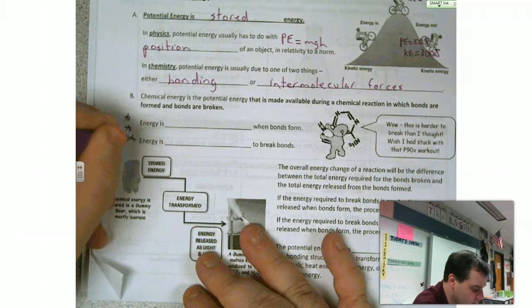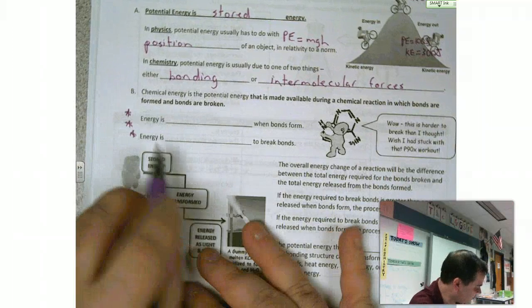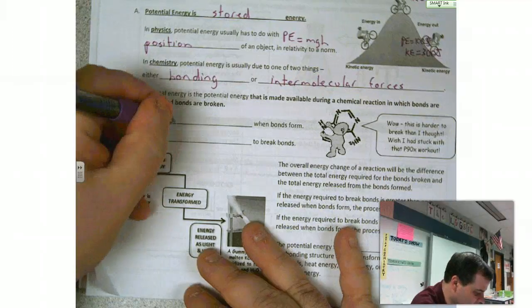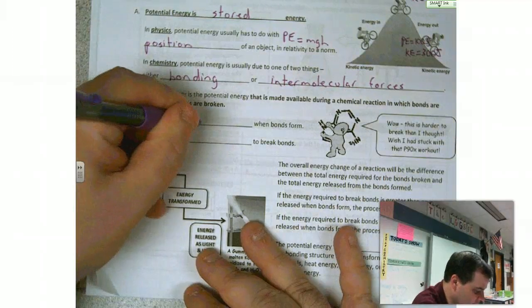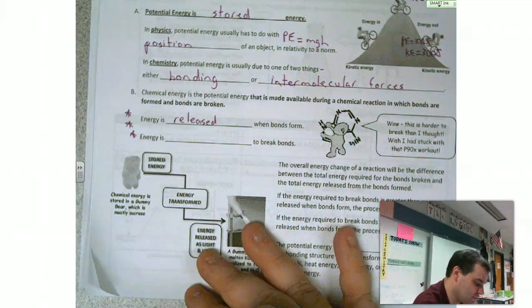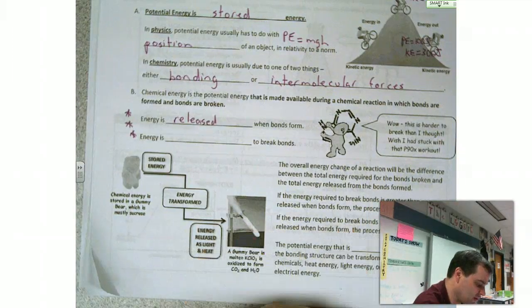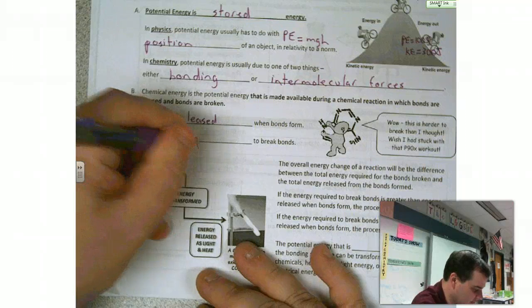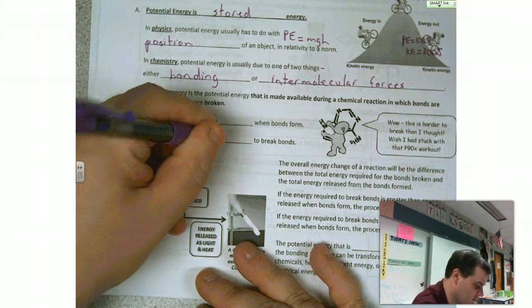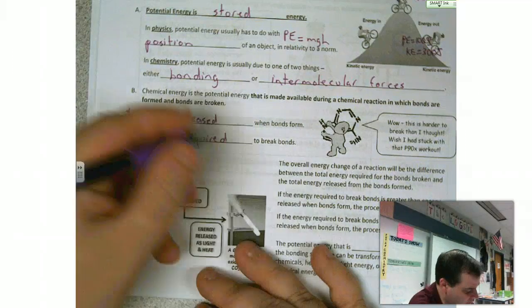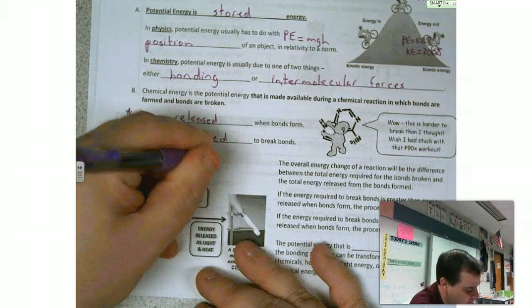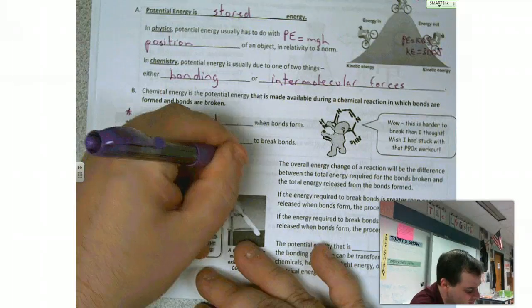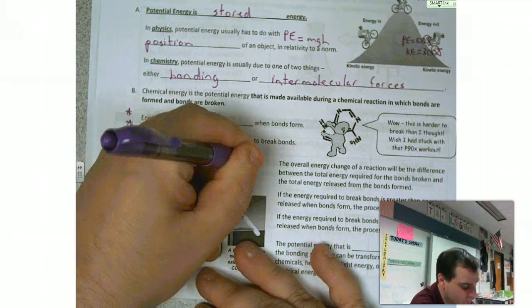But energy is released when bonds are formed, and energy is required to break bonds. I will go over that when we look at the potential energy diagrams in the next video.